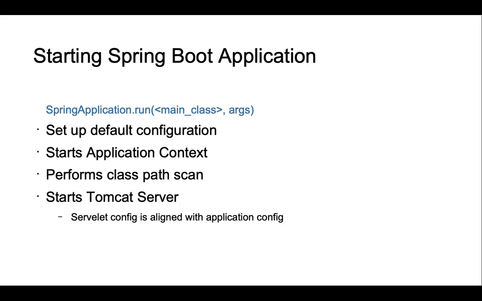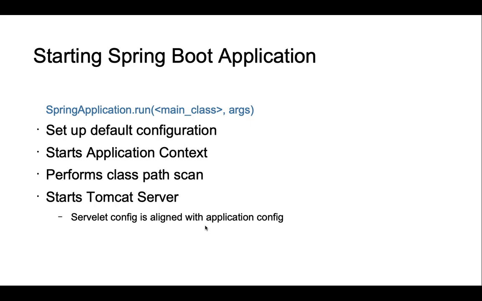Whatever annotations you give to your classes, the classpath can avail those annotations for the compiler to decide and treat these classes differently. And behind the scenes, it is using a Tomcat server to install your application in a container and run it as a standalone application. So servlet configuration is now aligned with application configuration, so you need not worry about the servlet configuration and application configuration separately.